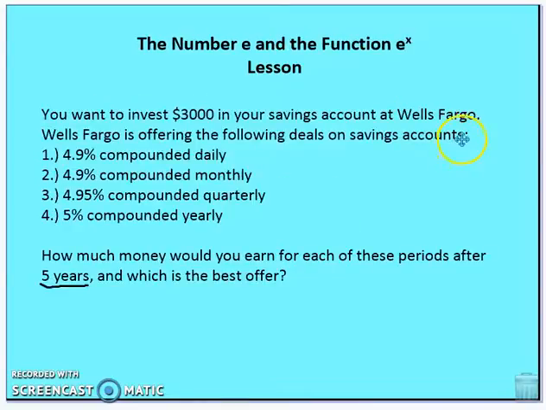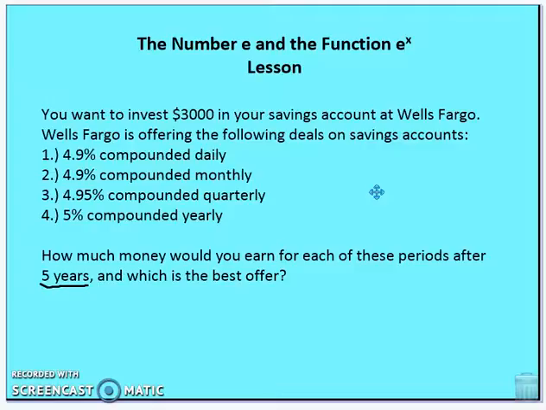We're going to go straight away into a problem for you. You've walked into a Wells Fargo bank and you have $3,000 and you are offered 4 different choices. One is to take that $3,000 and invest it for 5 years at 4.9% compounded daily. By the way, these figures you probably haven't seen for about 20 to 30 years, and you won't see them now because the interest rates are below 1%.